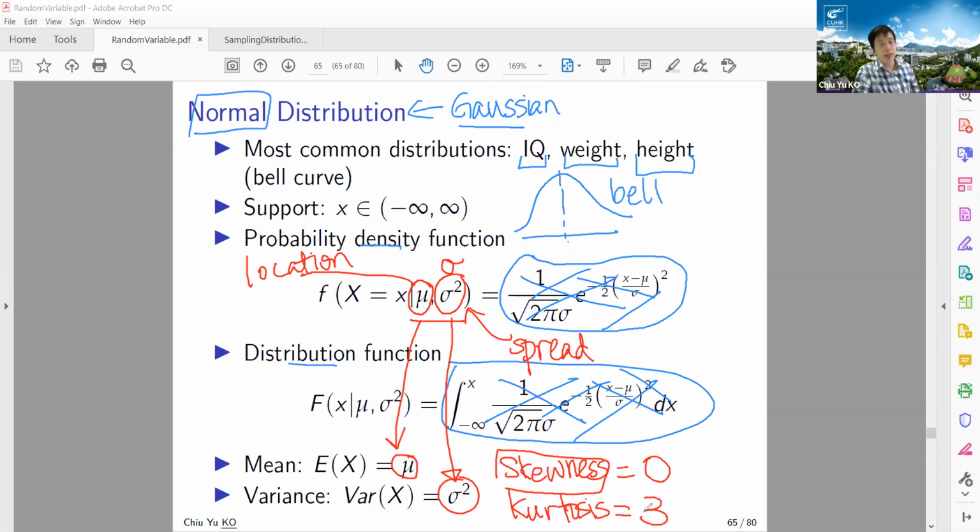So that's why we always talk about excess kurtosis, which is kurtosis minus 3, right? If the kurtosis is bigger than 3, we will say it's fatter than normal, or thinner than normal. And remember, the kurtosis is talking about the tail behavior.